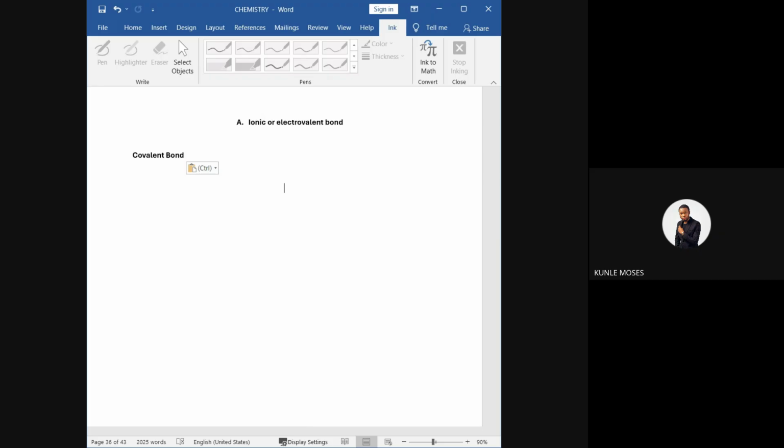So we have low melting points for covalent, and we have poor electrical conductivity, unlike the ionic bond that can conduct electricity. Covalent bond cannot conduct. They are very poor electrical conductive substances. Please, are we together?